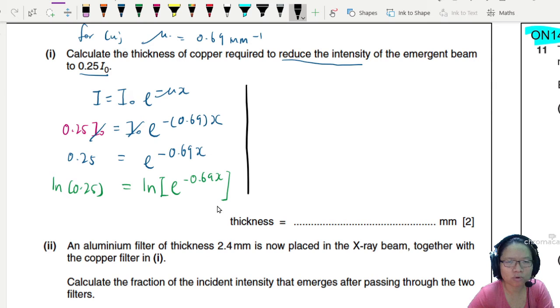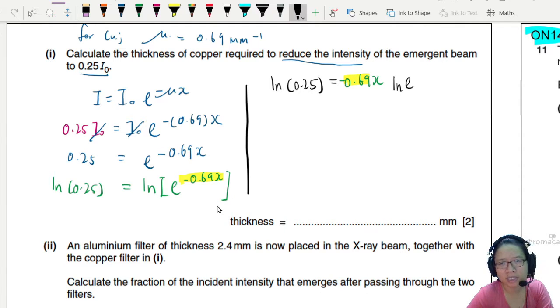Okay, so right now we will have ln bracket 0.25, which I can press inside my calculator, and this power here, negative 0.69X, can come down. So this will be negative 0.69X, and what is left inside is ln e, which is 1.